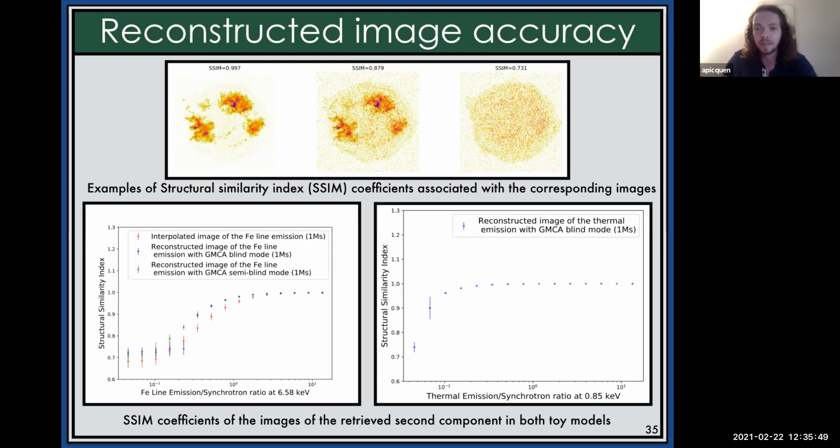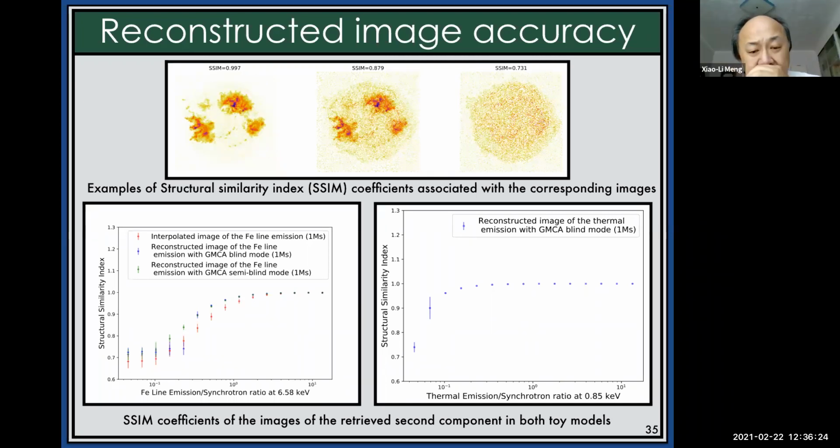So it's more like quantifying what we could see with the naked eye, because writing in a paper that I can see it and then I can't see it is not really physical or mathematical. So we had to choose an index, and this one in all our tests really reflected what we could see with the naked eye. The only idea for us was to prove that the GMCA was either able to retrieve or not to retrieve something, but the exact number the SSIM gives is really not relevant for us.